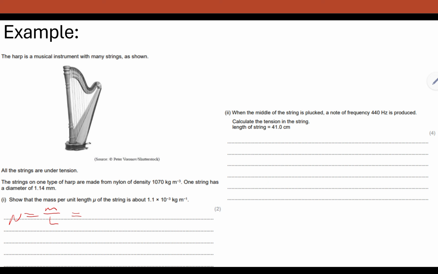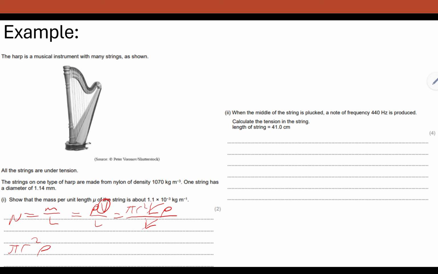Because density times volume equals mass, we can write it as rho multiplied by V over L. And because the string is a cylinder, we can rewrite the volume as the volume of a cylinder, which is pi r squared multiplied by L. We just write the rest of the formula down, which is multiplied by rho and divided by L. Because there's an L on the top and bottom of the fraction, we can cancel it out. So the final formula would be pi r squared rho.